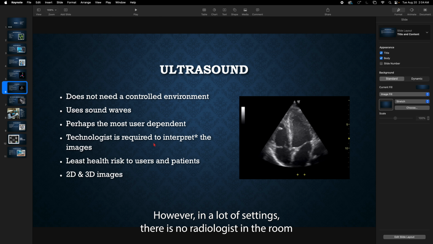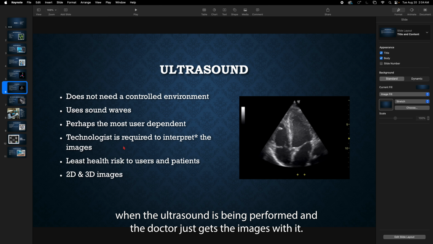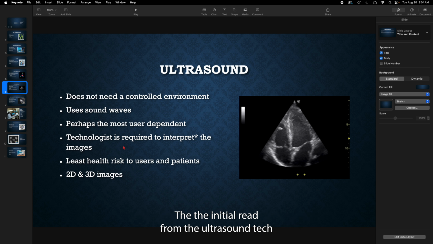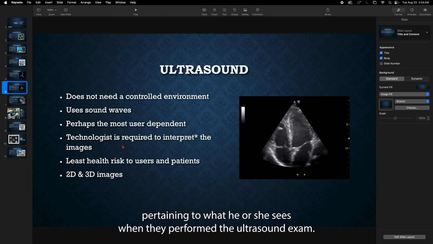However, in a lot of settings, there is no radiologist in the room when the ultrasound is being performed. And the doctor just gets the images with the initial read from the ultrasound tech, and they agree or disagree or ask for more images, that kind of stuff. So the doctor does not perform it, much like X-rays, but the technologist has to document a whole heap of stuff pertaining to what he or she sees when they performed the ultrasound exam.